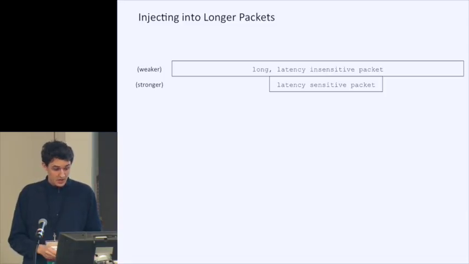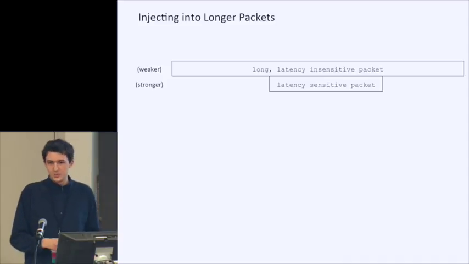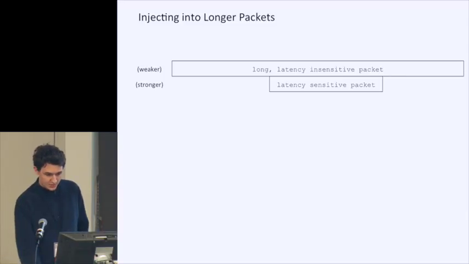It's no big deal. The stronger packet, however, is very latency sensitive, and it needs to reach whatever destination it has as fast as possible. This could be an alarm packet of some kind, and it's more important that this one gets through than that the weaker one gets through in its entirety.